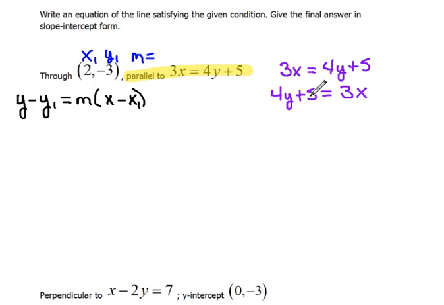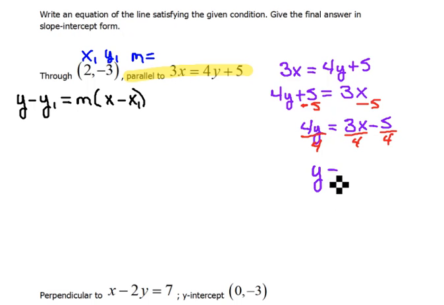But I'm going to move the 5 over so that I can get y alone. That's my whole goal here. So we have 4y equals 3x minus 5. And then we're going to divide everything by 4 to get the y completely alone. So y will equal 3/4 x minus 5/4.